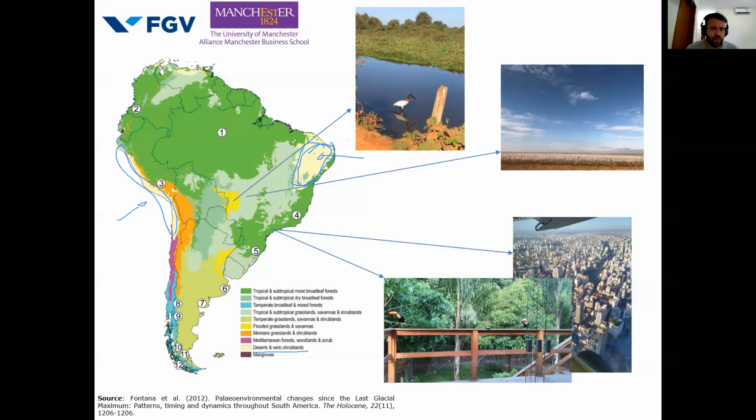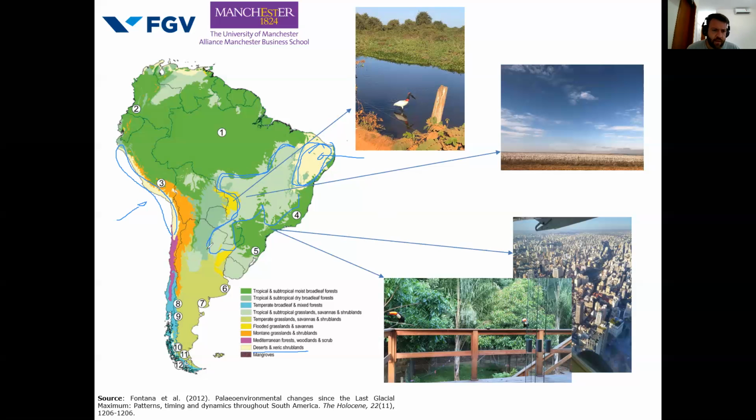Okay, we have also what we name here in Brazil Cerrado, which is something like savannas. Okay, it goes over the central part of Brazil.